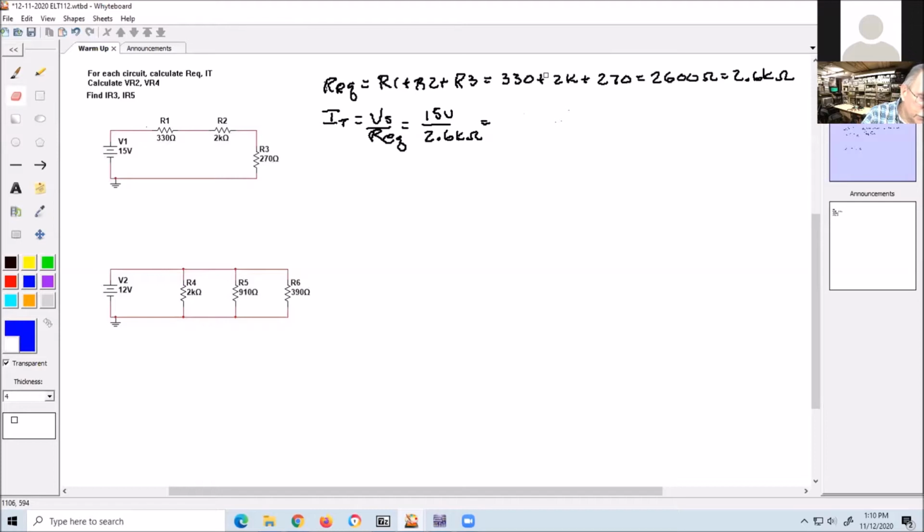How about 5.77 K ohms? How about 5.77 milliamps?